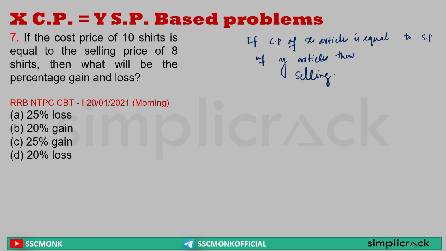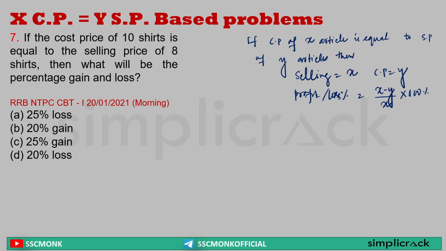Selling price is equal to Y, cost price is equal to X, profit or loss percentage will be (X minus Y) by X into 100%. Now if minus comes, it will be loss. If plus comes, it will be gain or profit.